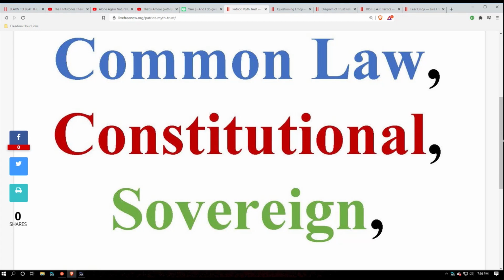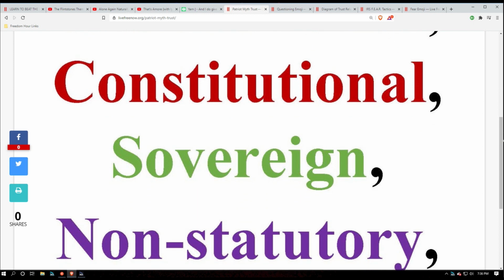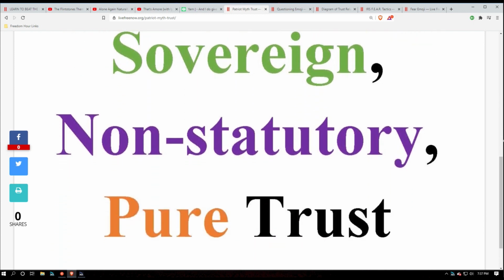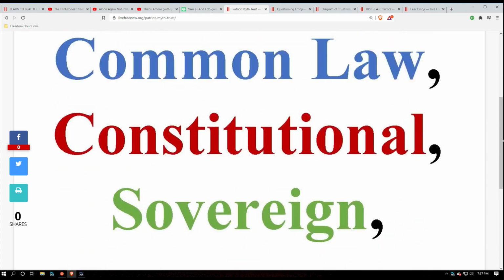So by calling it any labels like common law trust, constitutional, sovereign, non-statutory, or pure trust, all of these terms are meaningless. They mean nothing. They're simply sizzle. Don't fall for sizzle.